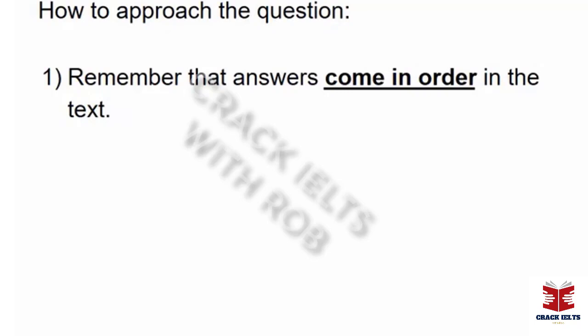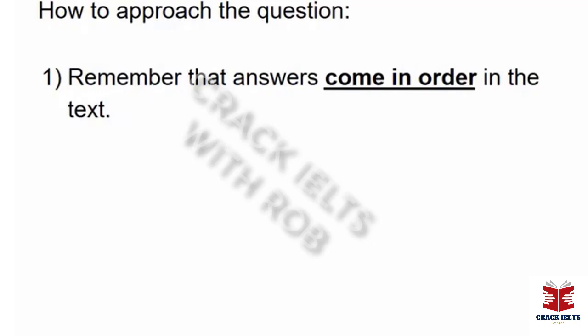That means if, let's say, you have 8 multiple choice questions and you quickly find the answer for number 5, you know that the answers for numbers 1 through 4 are going to come before that answer in the text, and that numbers 6, 7, and 8 are going to be presented after it.